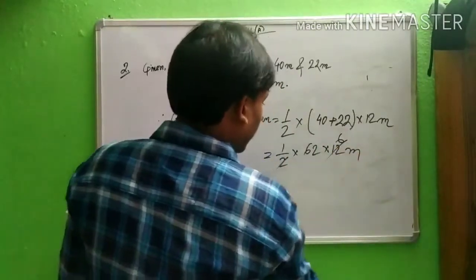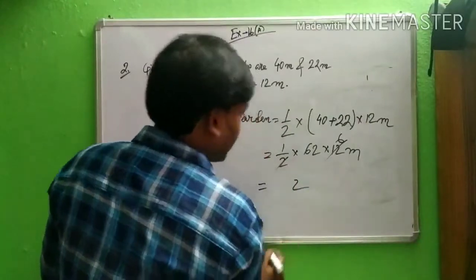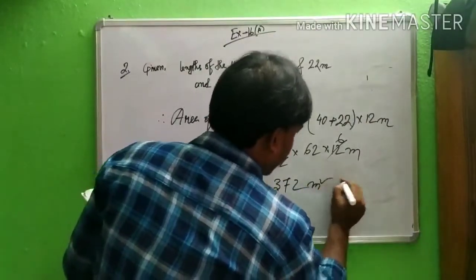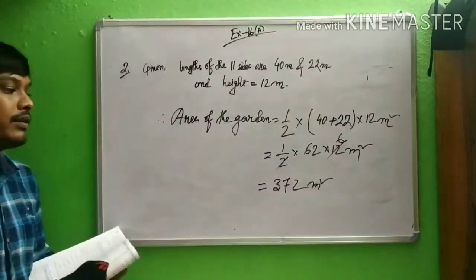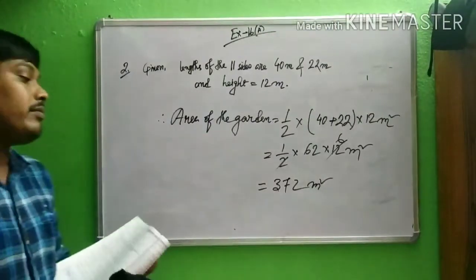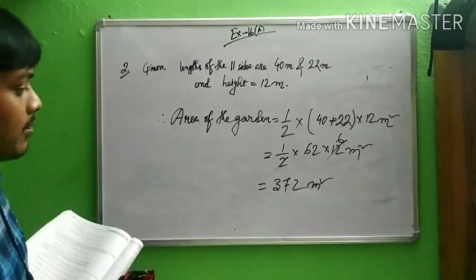So 6 twelves, 6 6s are 36, and carry on, 372 meter square. So it is the answer. The answer is 372 meter square.